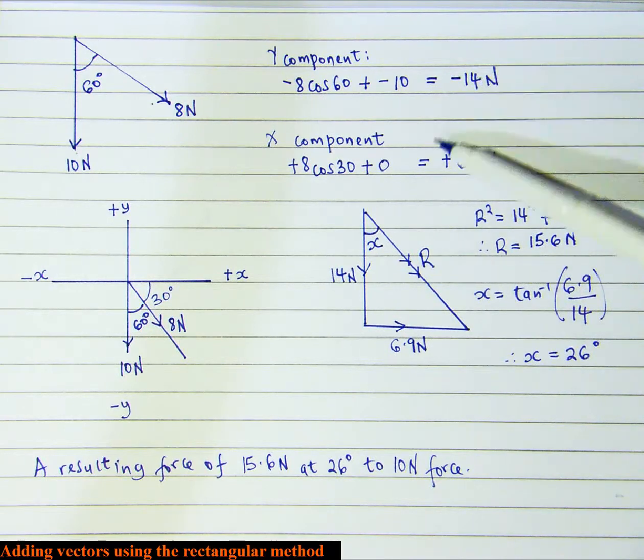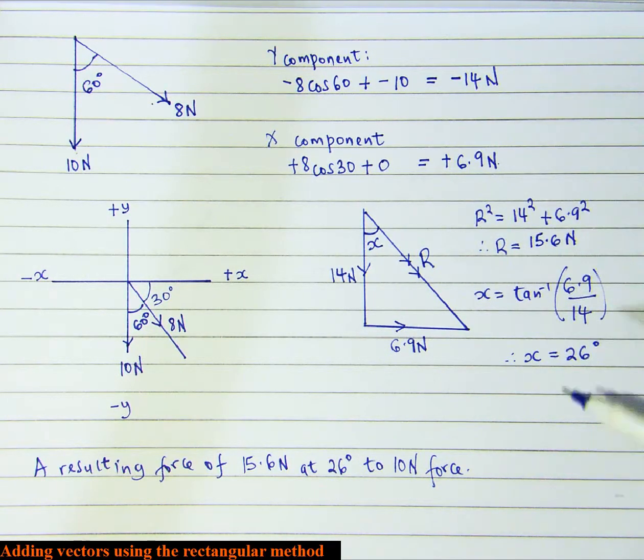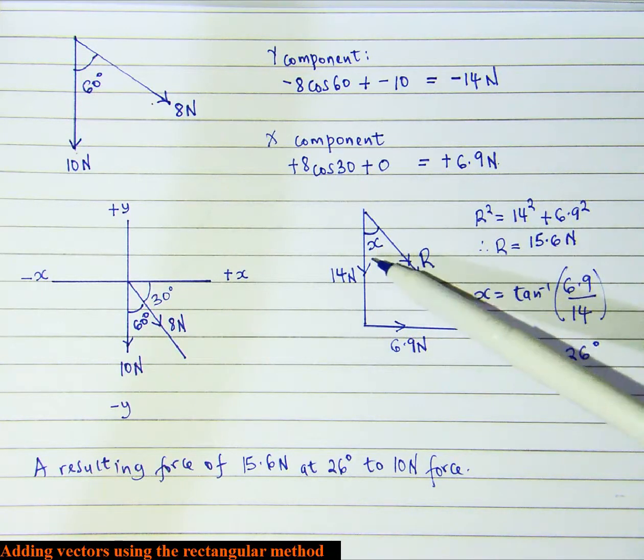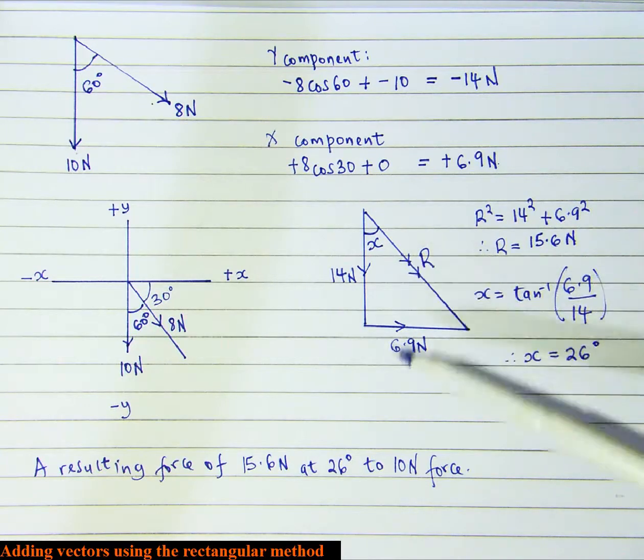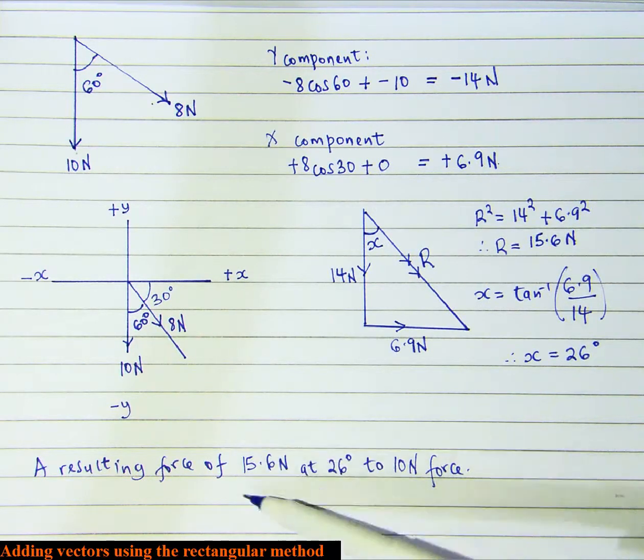And looking at these two vectors of the two components, you can resolve them using Pythagoras theorem, and then work out an angle for either side of the triangle, and then you have a direction as well. You need magnitude and direction for a vector.